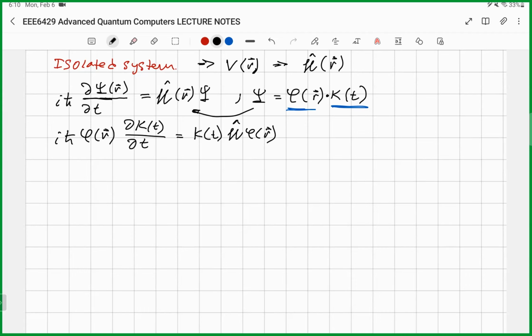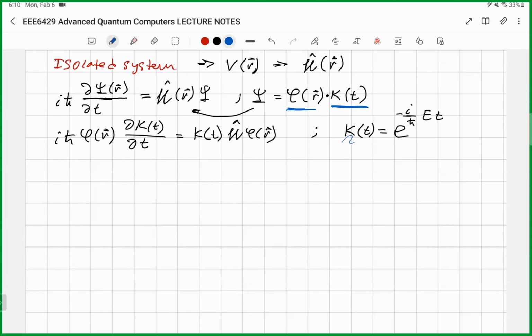So now let's make an ansatz that my kappa of t is a simple harmonic function of the following form: e to the power of i over h bar E, which is energy, times t.